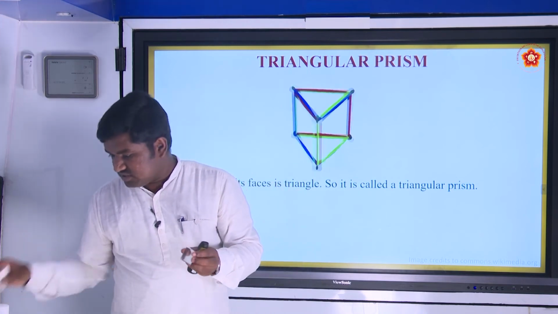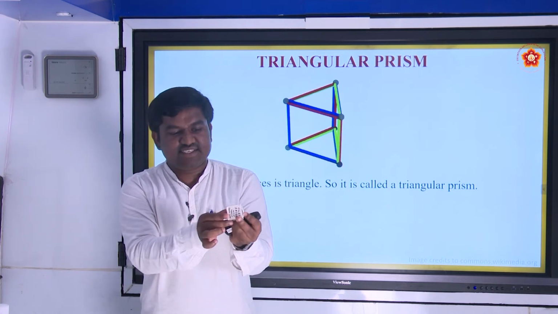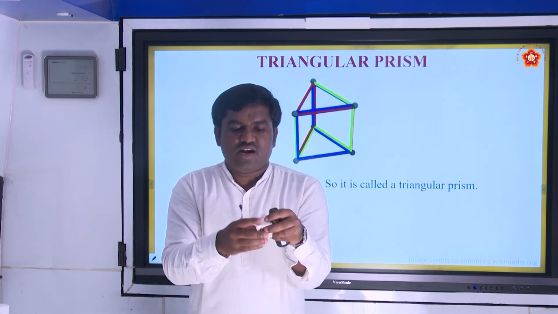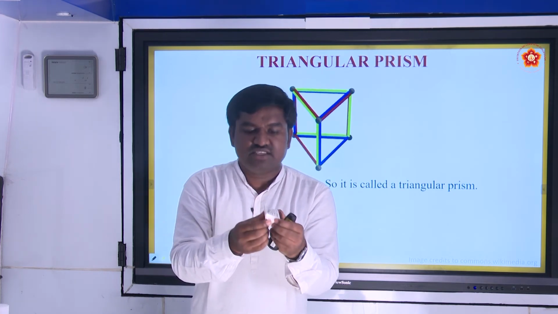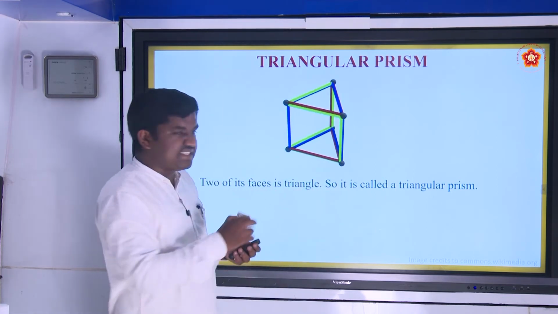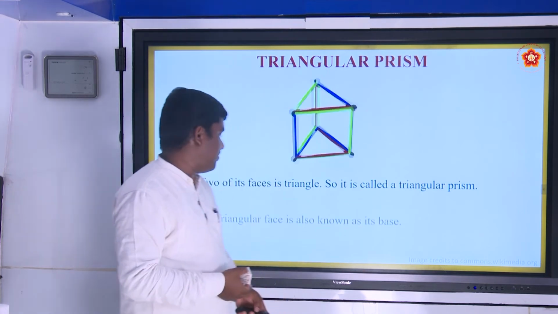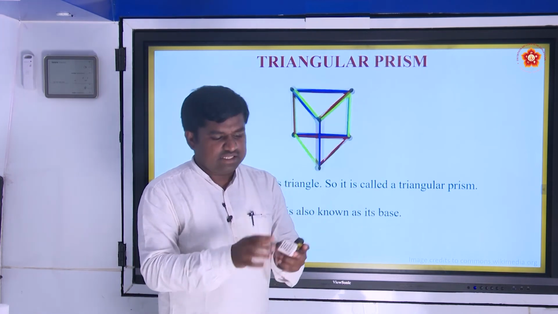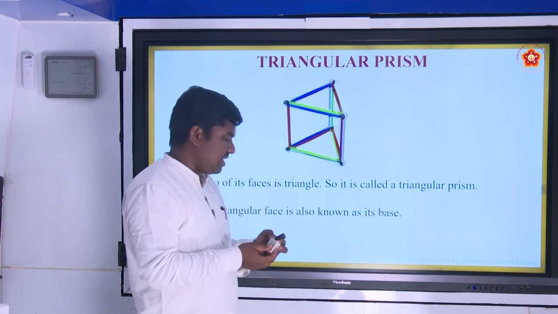Suppose it looks like this. This is a triangular prism. See the bases, this base and this base. What is the shape of these? Yes, this is a triangle shape. So two of its faces are triangles, so it's called a triangular prism. The triangular face is also known as the base.